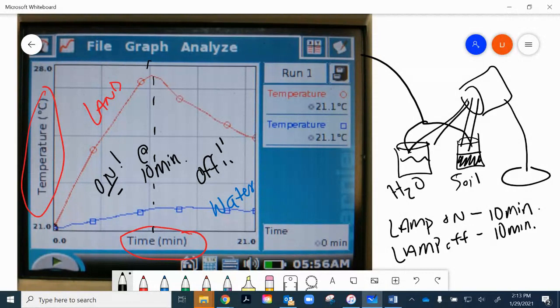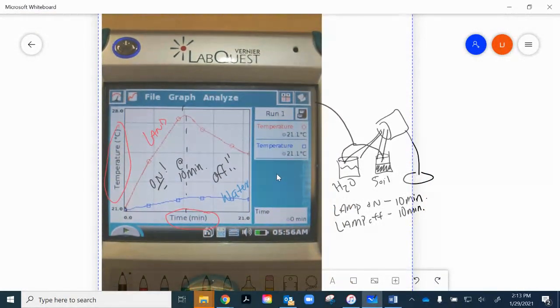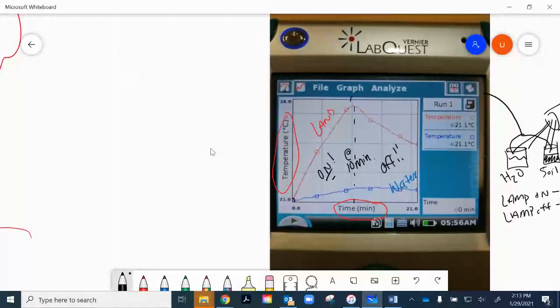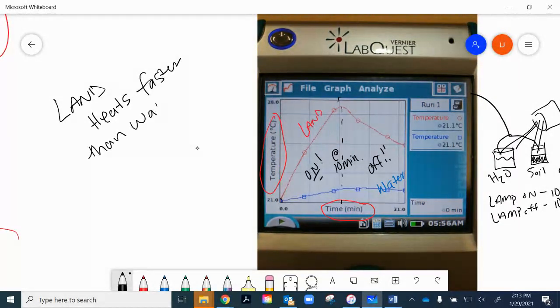And what happened is, when the lamp was on, you can see right here that the land heated up much faster than the water. So land heats faster than water.